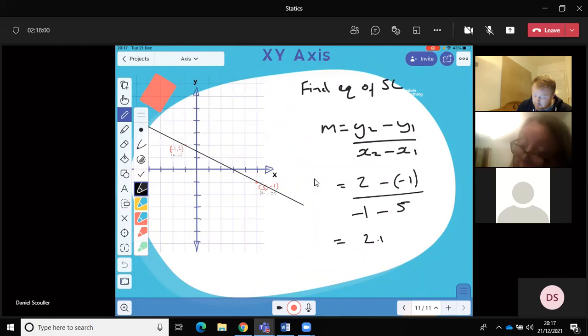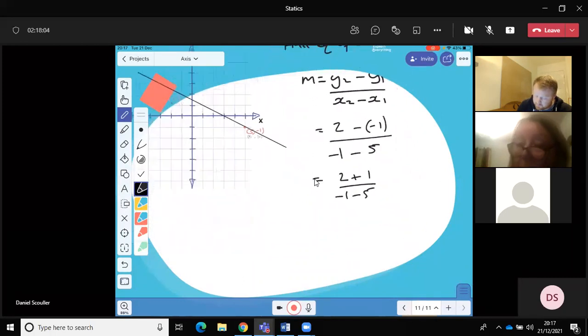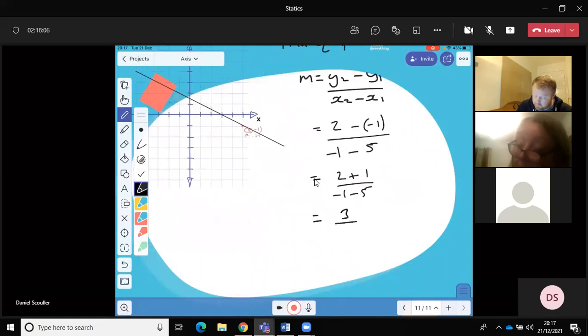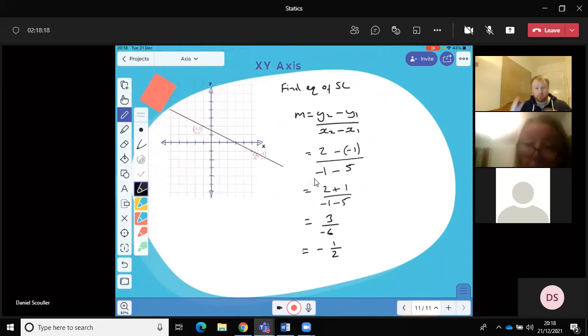Okay, so that'd be 2 plus 1 over -1 minus 5. Now if I switch that round, so if my x1, y1 was the top, my x2, y2 was the bottom.